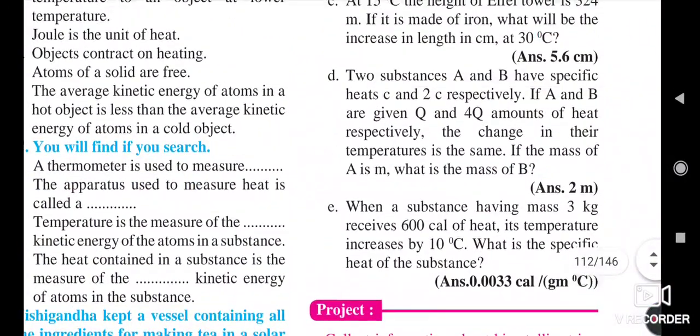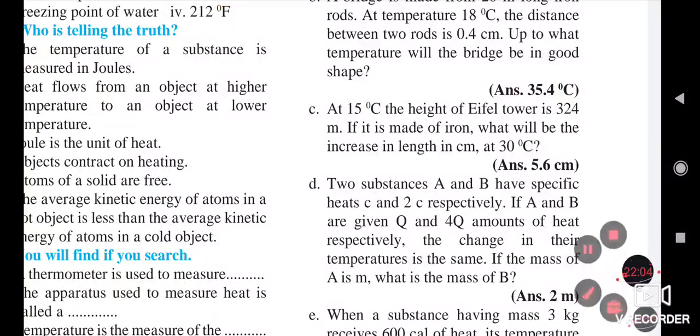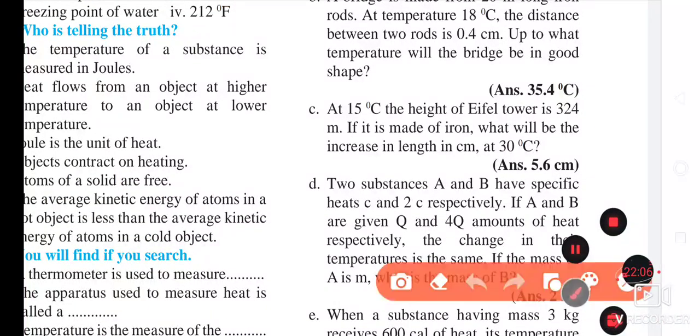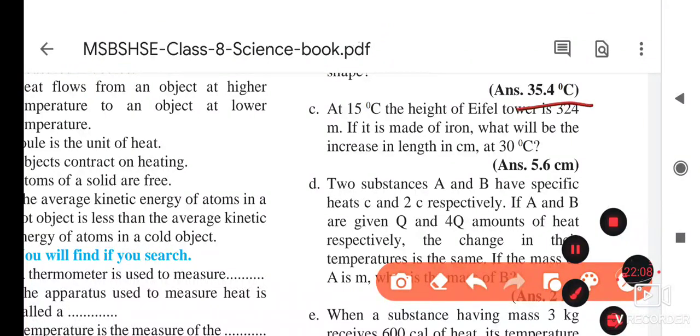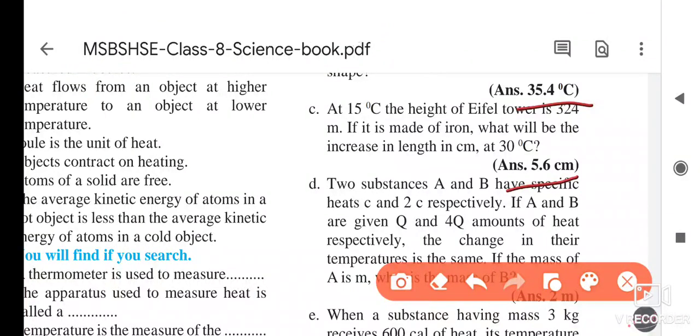So A, B, C, D and E. Here we have some answers.